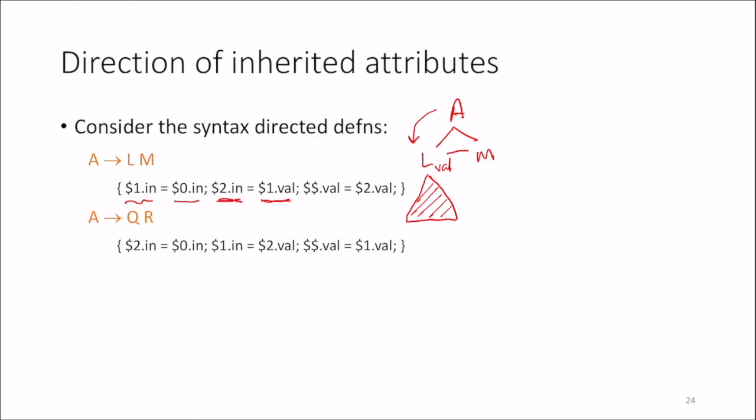So what's happening here is that information is passed over to M, which is $2.in, and that $2.in is going to get passed down the tree to the subtree for M. And then finally I'm going to get a val for M, which is $2.val, and then I'm going to assign it to $.val. So essentially I'm moving that information up the tree to its parent. So M is moving that information to its parent, which is the left-hand side A. Right?